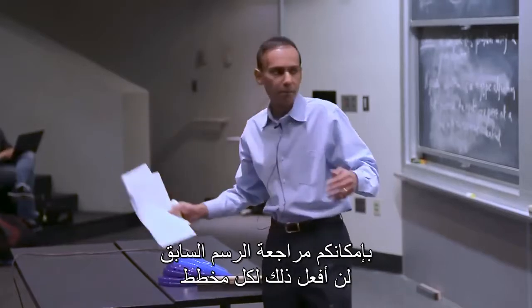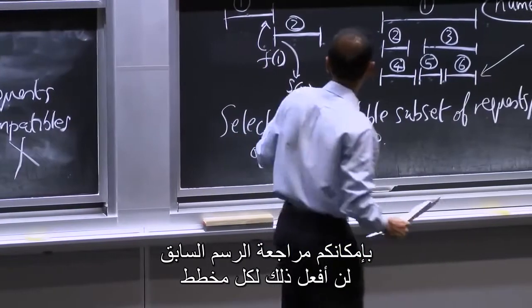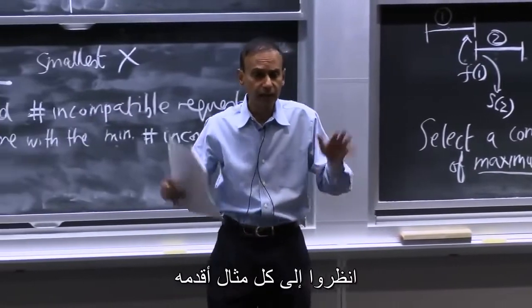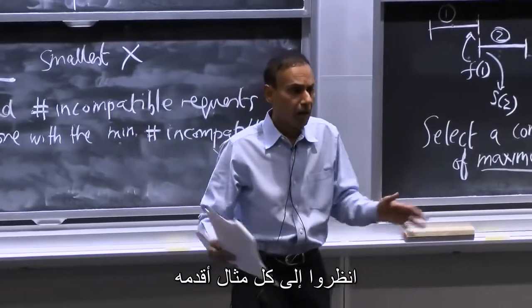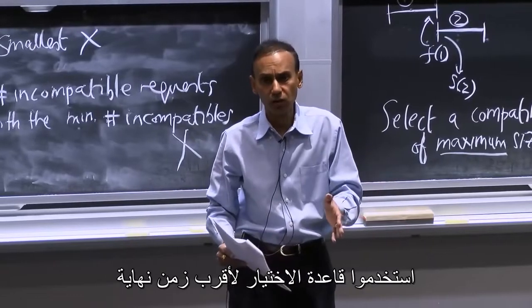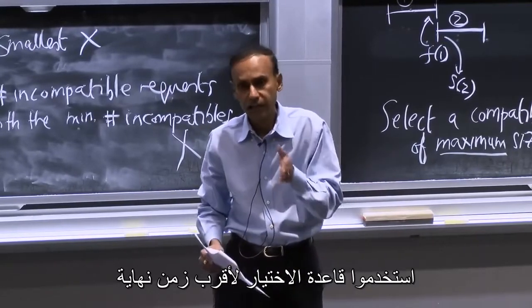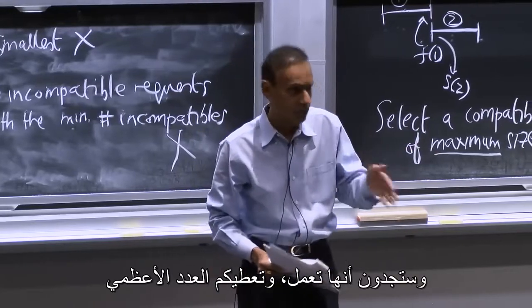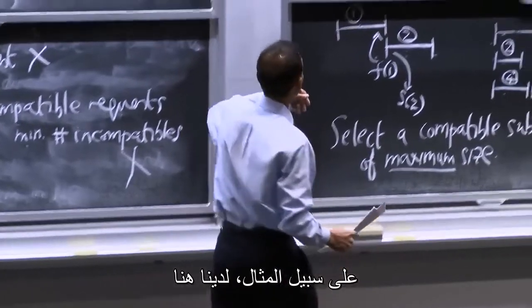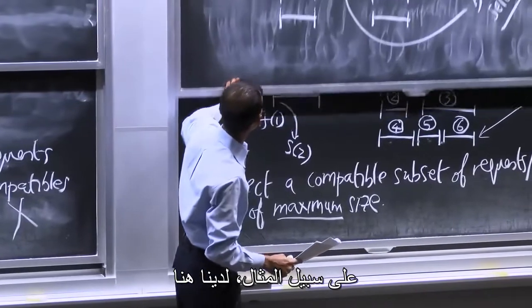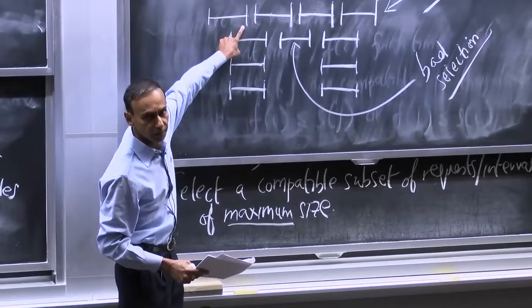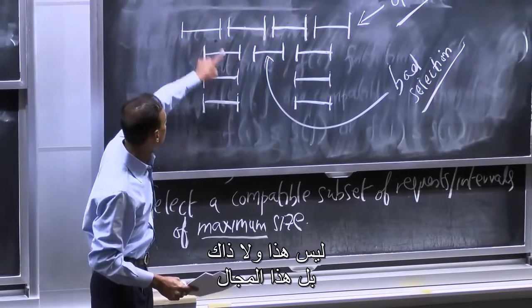Now you can just step back, and I'm not going to do this for every diagram that I have up here, but look at every example that I've put up. Apply the selection rule associated with earliest finish time, and you'll see that it works and gets you the maximum number. For example, over here, this has the earliest finish time. Okay? Not this, it's over here.